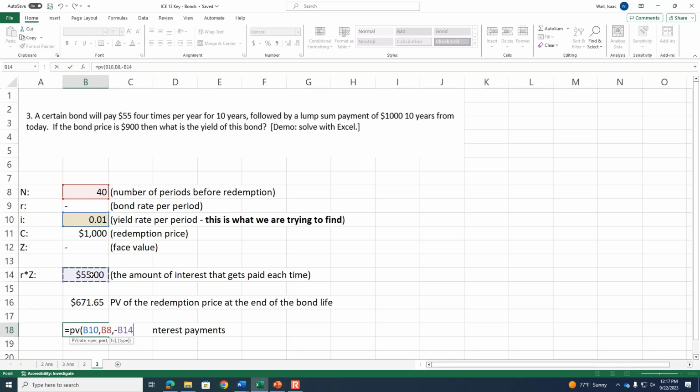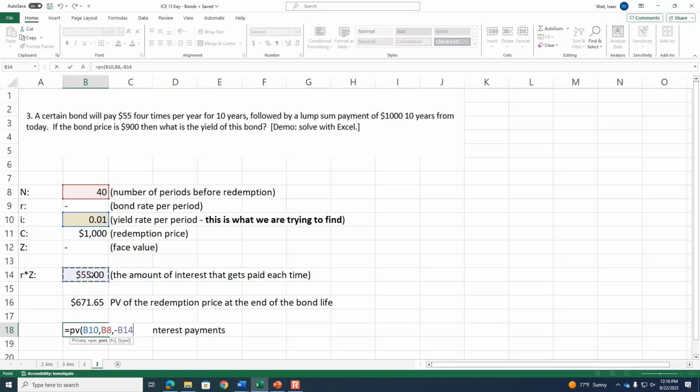So what we'll do is we're going to set this up to calculate P at 1%, and then we'll get some present value. It won't be 900. But then what we're going to do is we're going to keep changing I until P equals the 900 that we know we're going for.